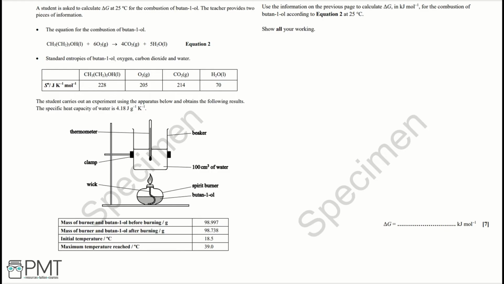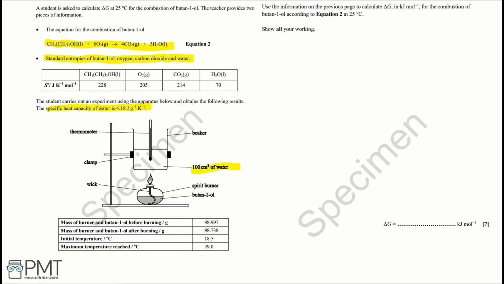Show all your working. Firstly, let's highlight the key pieces of information. Our first key piece of information is equation 2. And then our second key piece of information is our standard entropies of butan-1-ol, oxygen, carbon dioxide and water. Also, the specific heat capacity of water and the volume of water that we're using in this experiment.